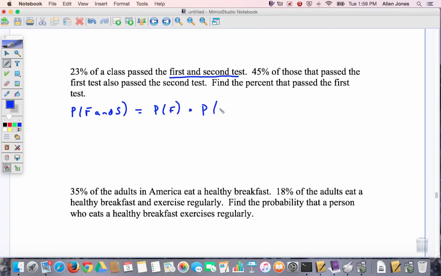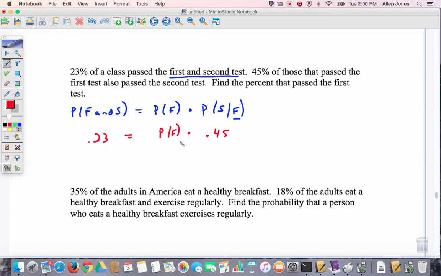Probably the first and the second test is the probability of passing the first test times the probability of passing the second test, assuming you've already passed the first test. As I mentioned, you can't move on to this event until you've passed the first test. So we fill in the numbers. It tells us that 23% passed the first and the second test.